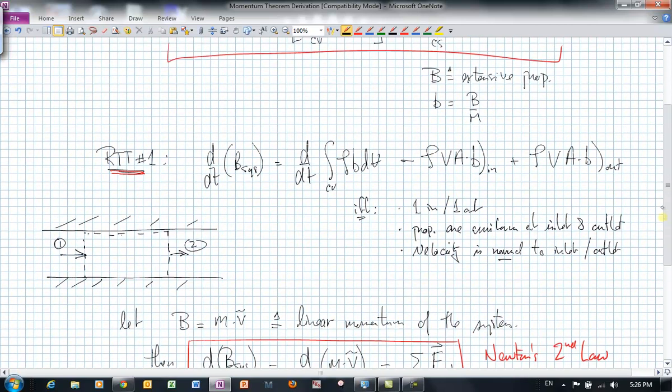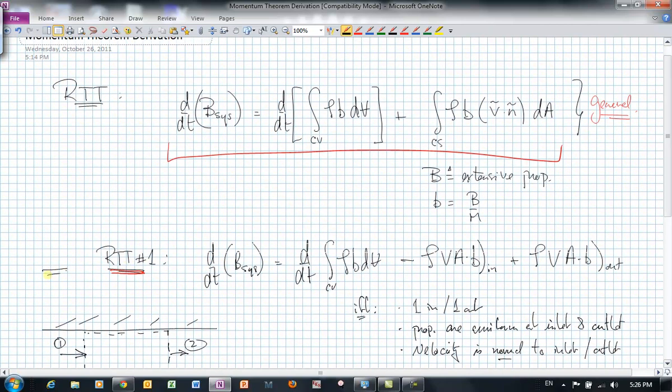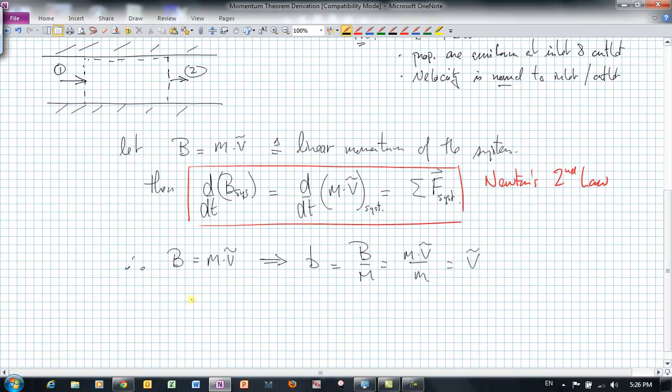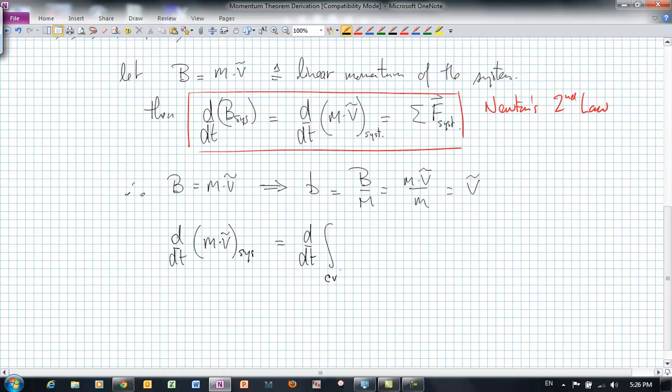Now I'm in good shape to substitute that into my RTT1 form and get that d/dt of m times v of my system must be equal to d/dt of the integral over the control volume of rho times little b, rho times the velocity, dV, minus the momentum that goes in, which is rho times v times A times little b, which is itself v.